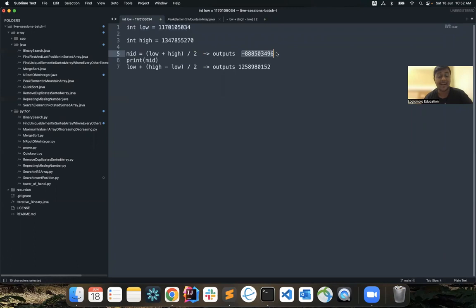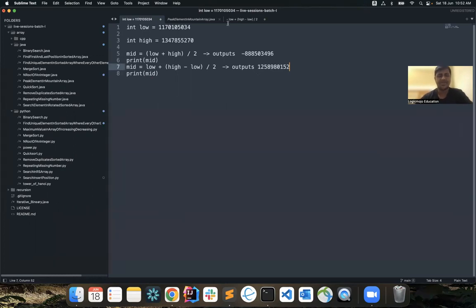That's a garbage value. That is not a value that you were expecting. You were expecting this value, 12589, something like that. And similarly, if you do mid is equal to this and then print mid, you will get the right value. So this is one small task, like a trivia task. Just do it in your editors and check out what the result is.